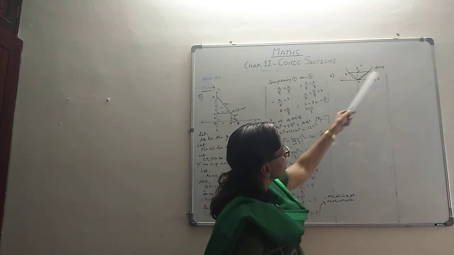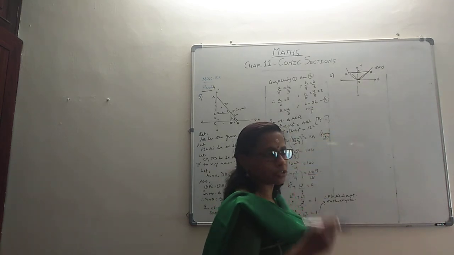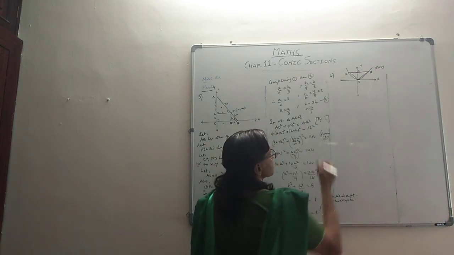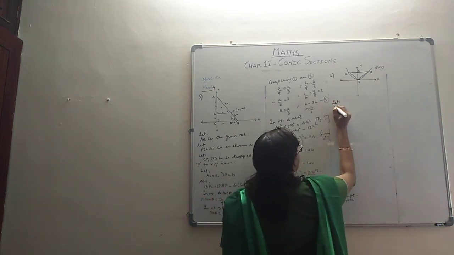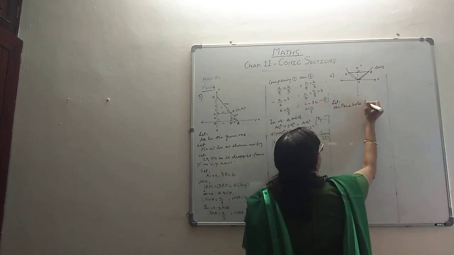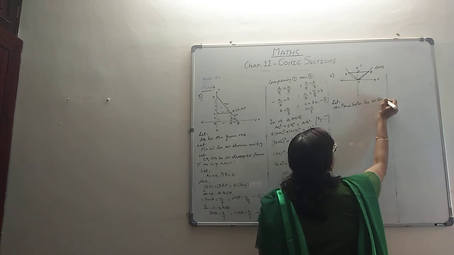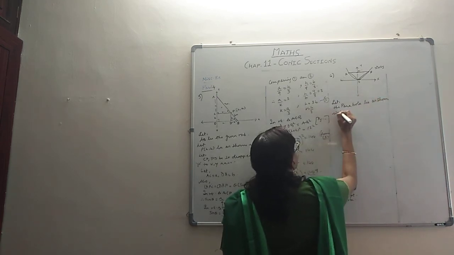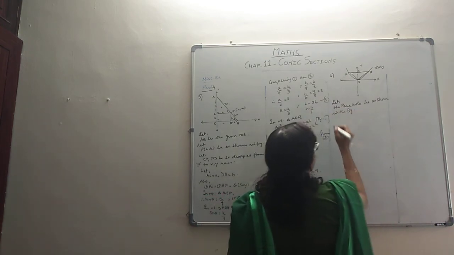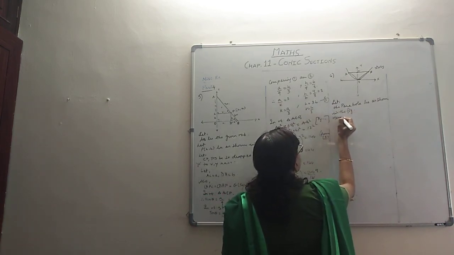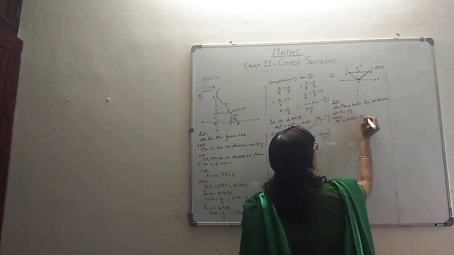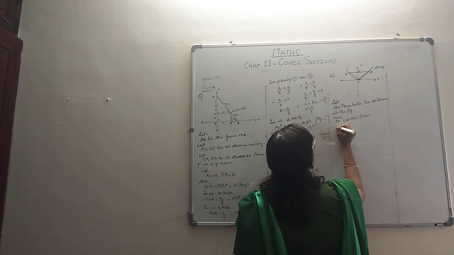Of course, the focus coordinates you can get because you know the equation of the parabola. Unusually, they have given you the equation. All this time we were finding the equation. So let the parabola be as shown in the figure. Here the point C is the focus and AB is the latus rectum.